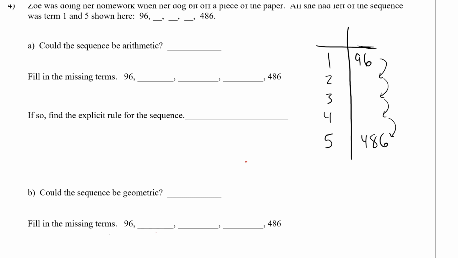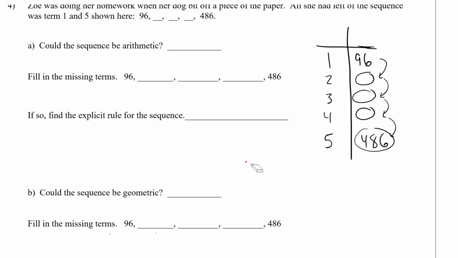So I'm doing this in 1, 2, 3, 4 jumps. So how do I grow 96 up to 486 in 4 jumps? Well, really, this is a question of what would be the slope of a line that would go through these 2 points, or what would be the rate of increase if this was a function, right?